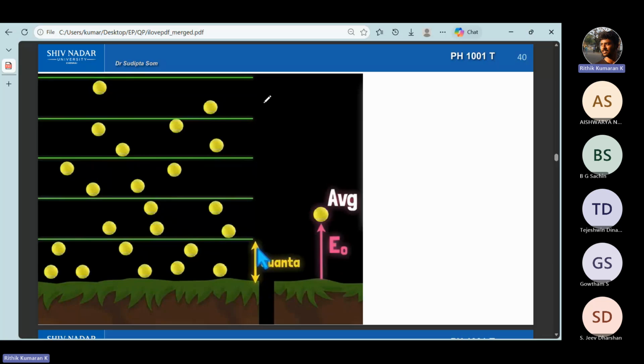So here we are talking about quanta. What is quanta? It is a discrete packet of energy. You might be confused about what is quanta and quantum. Quanta is basically a single energy packet, whereas a quantum is a collection of energy packets.